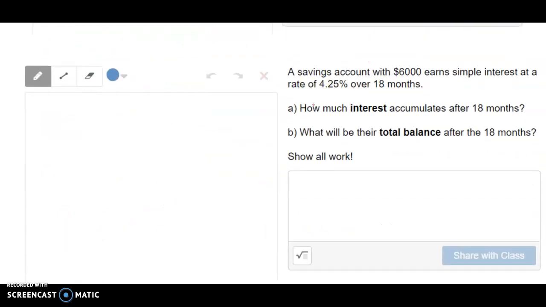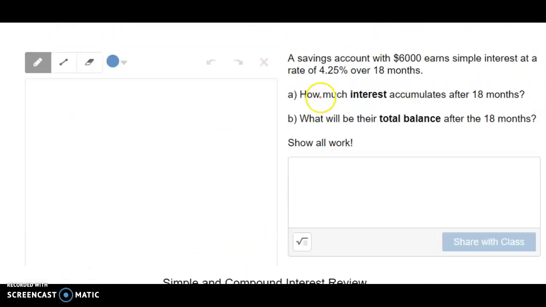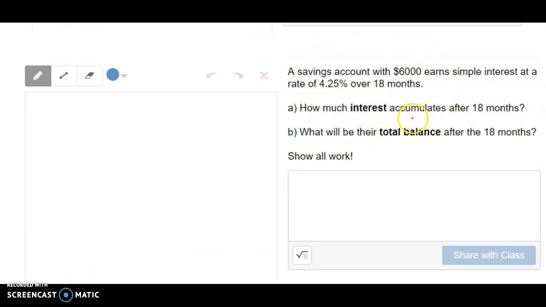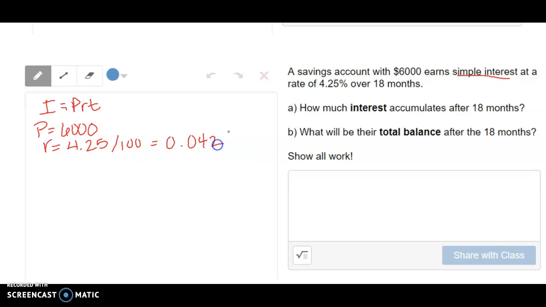Moving on to our next problem. Again, same type of problem. We're going to do our P, our R, and our T, and again, it's simple interest here. So I equals PRT. P is 6,000. R is 4.25%, so we have to divide by 100, which gives us 0.0425.